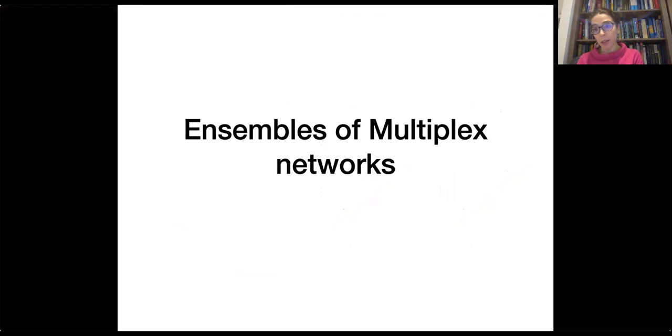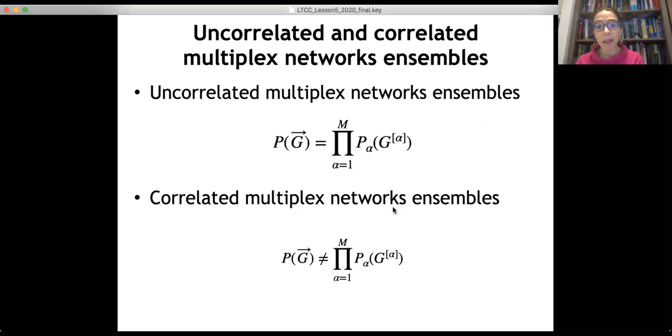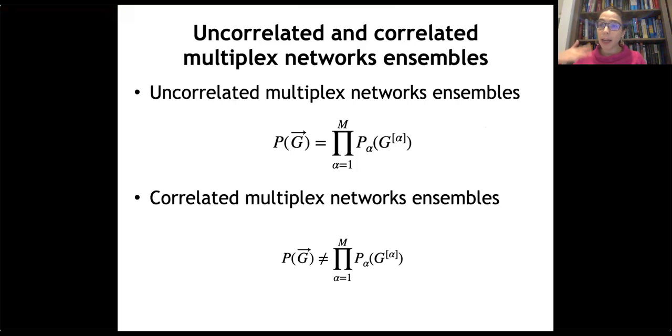So given this, we might want to model multiplex networks, and there are different ways we can proceed. On one side, we might want uncorrelated multiplex networks, drawing each layer independently with a given model for a single network. So we can draw a configuration model with a different degree sequence in each layer as we want.